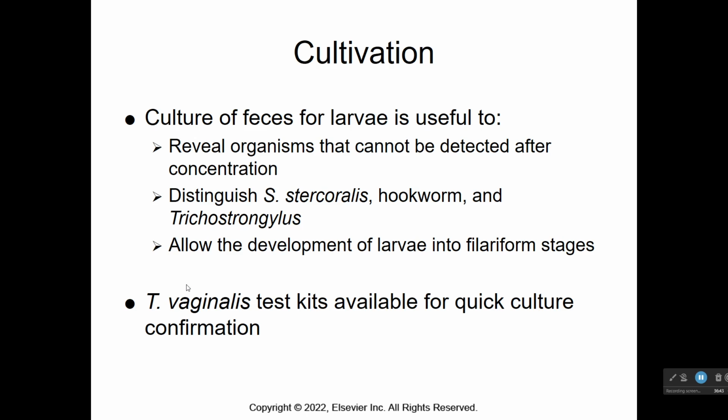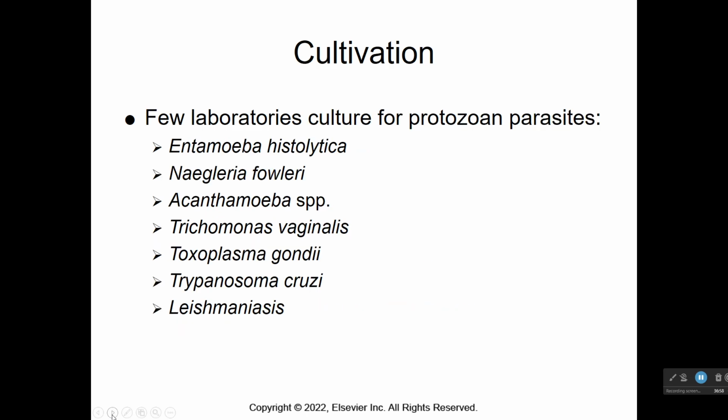There are some Trichomonas vaginalis test kits for a quick culture type method, but again, these are rarely ever used. We do use Trichomonas antigen testing kits, but not usually for culture confirmation. Most of our protozoan parasites are not cultured at all in laboratories.